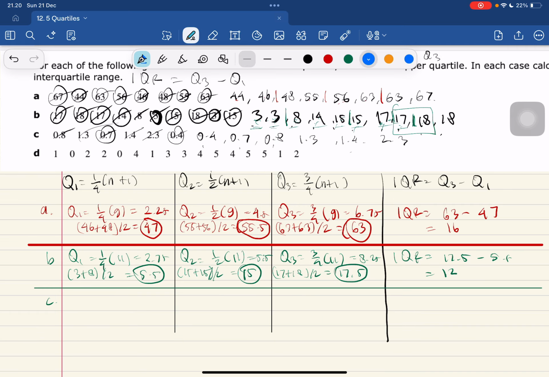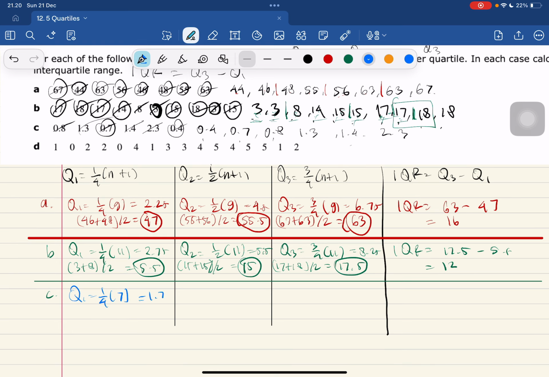So Q1 is 1 over 4 times 6 plus 1, which is 7. We divide 7 by 4, which is 1.75.